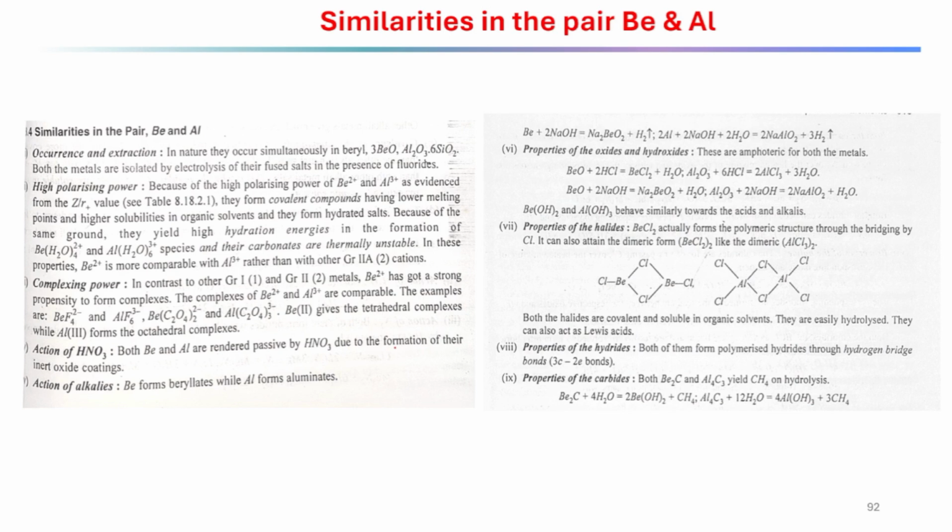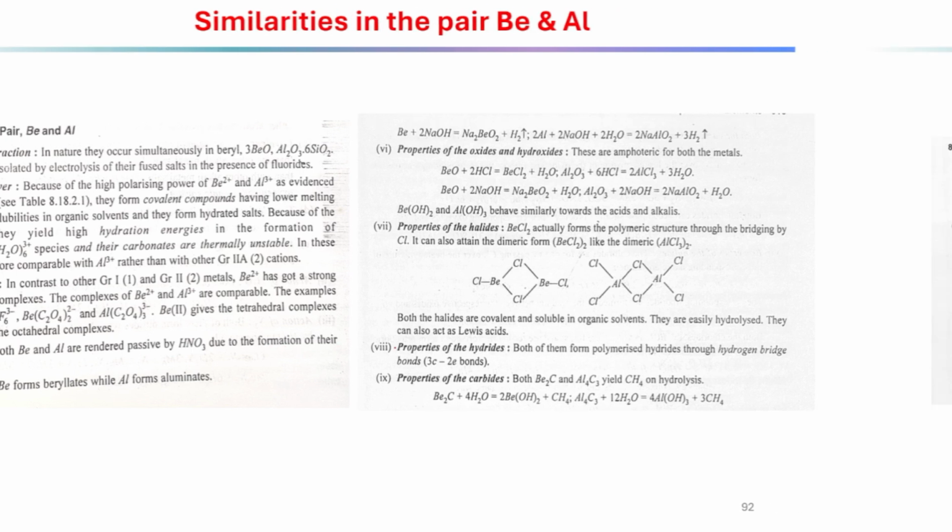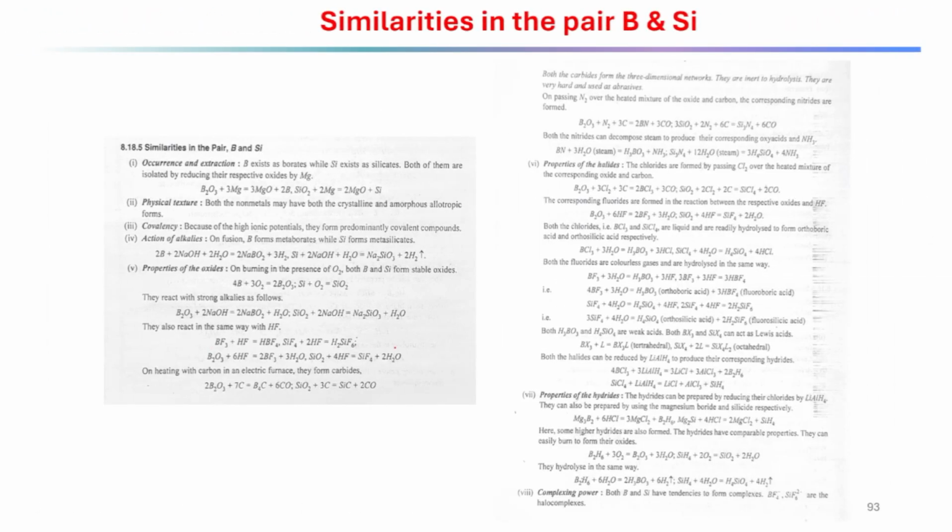So if you are interested, you can pause the video and you can read this. I'm not going to discuss in detail. I might discuss these things in some other videos, in some other chapter. And here are some similarities in the pair of boron and silicon. So if you are interested, you can pause the video, you can take a screenshot, and then you can go through these data.